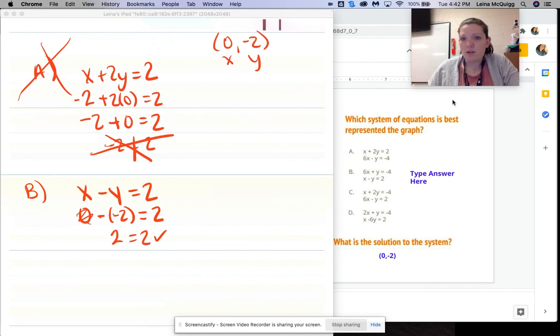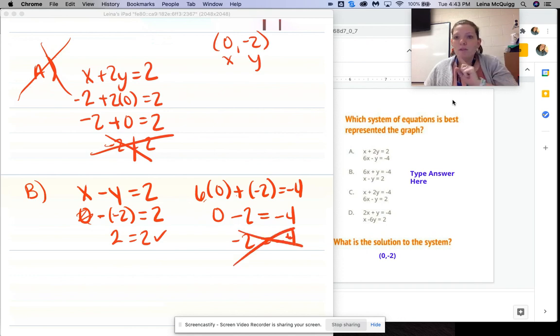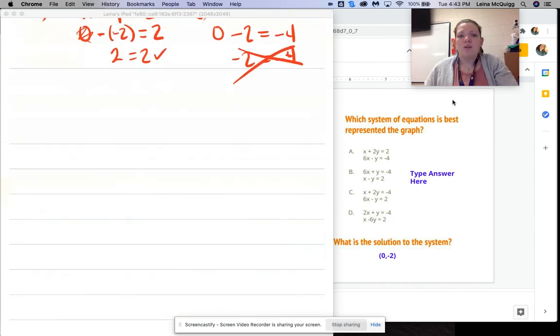So let's check the other equation. 6 times my x value, 0, plus negative 2 equals negative 4. So 6 times 0 is 0, plus a negative 2 is the same thing as negative 2 equals negative 4. Well, that didn't work. So because it didn't work for one of my equations, it's not my solution. That's not my system. So let's go to C.